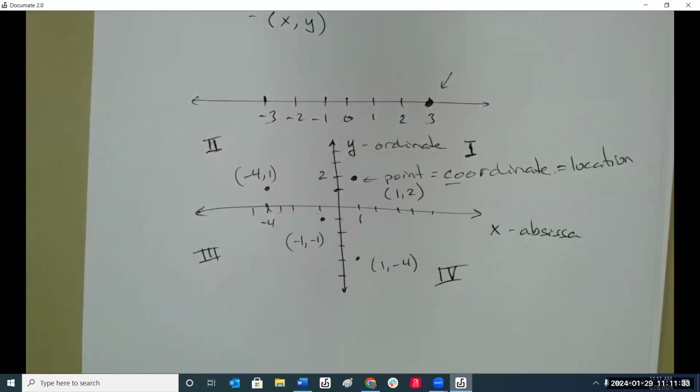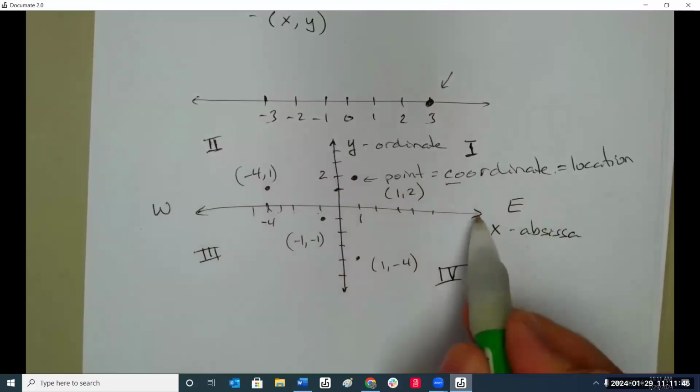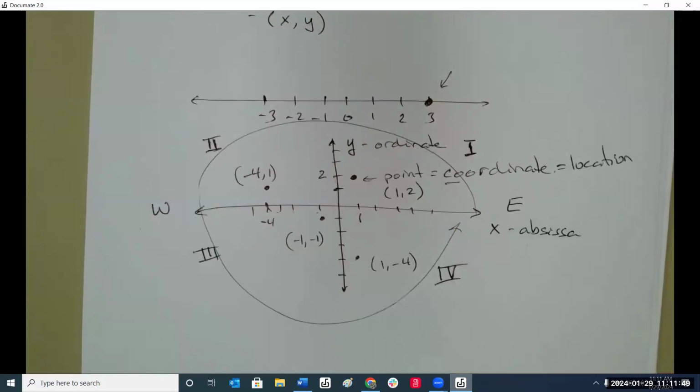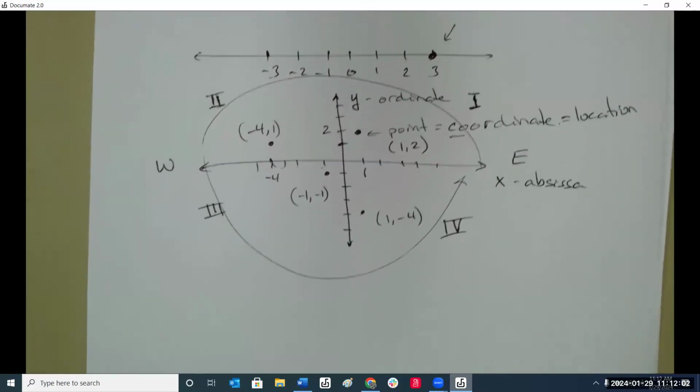What clocks did they have back then? Not watches. Sundials. Where does the sun rise? Where does it set? It goes like this and like this. So that's the reason, because when they first graphed it, that's how everything was going. So that's where the naming convention comes in too.